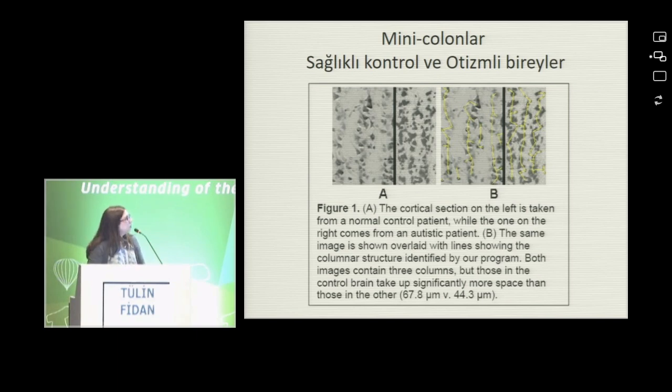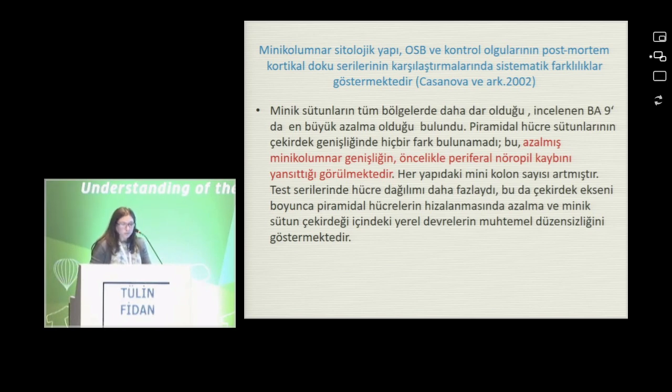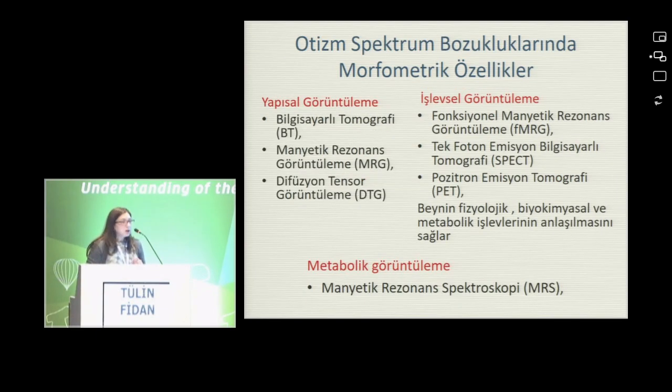You can see this is a healthy child's brain, but in the ASD diagnosed kid, the number of mini-columns increases, and there are peripheral and neuropil shifts. Because of that, this number increases. This is what they foresee for this situation.